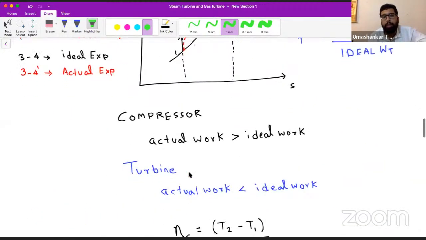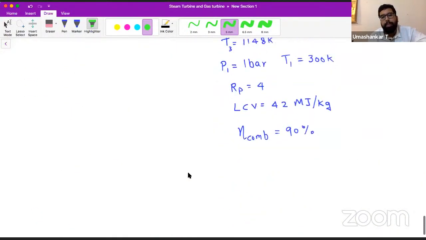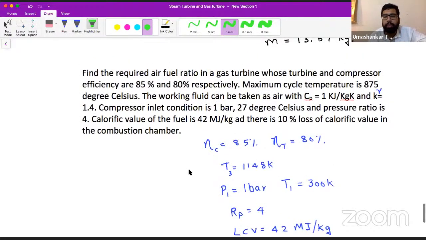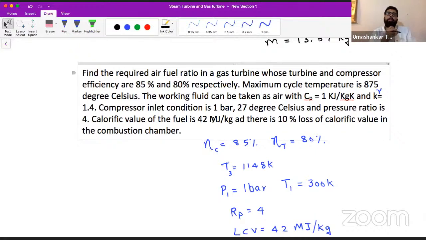How can we observe if Cp, Cv are not changing? In this question, nothing is mentioned about Cp and Cv or gamma changing with temperature. So we will consider that they are not changing.